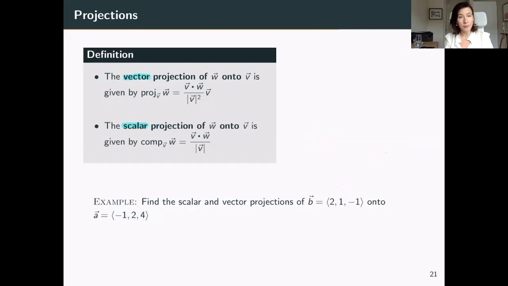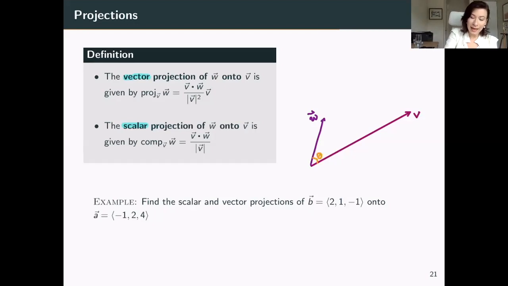To start off, in defining the scalar projection of W onto V, we can draw a picture. Firstly, we start off with a vector V. Let's call it this one V. And then we start off with another vector, W. So here's my vector W, and here is my vector V. I also have that angle theta that I've been working with in previous examples with the angles between two vectors.